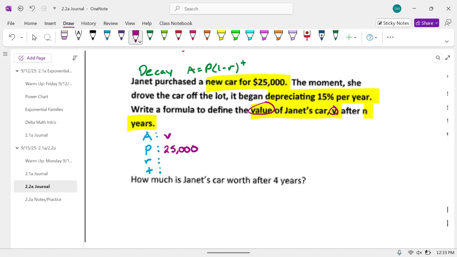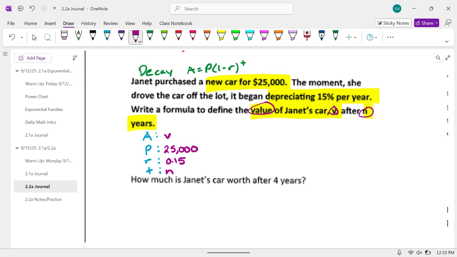That's how much she paid for the car. What's our rate as a decimal? 0.15. Good. So 0.15 is our rate. And then what am I plugging in for time? N. She says after N years, so N.